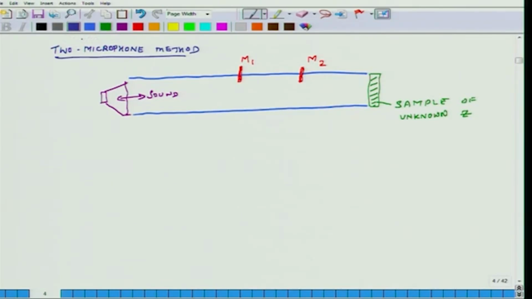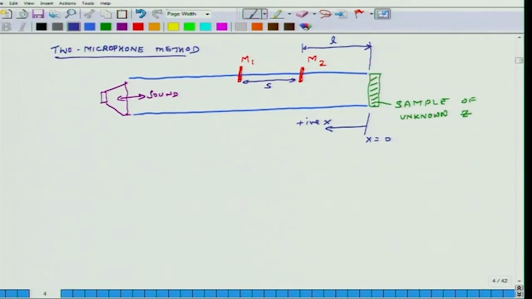One important thing to remember is that this is my x equal to 0, and conventionally we have taken x as positive when we move from origin to the right side, but here we will use this as positive x. The spacing between these two microphones is S, and the position of the second microphone with respect to x equal to 0 is L.